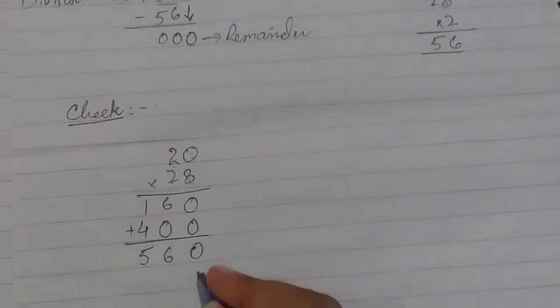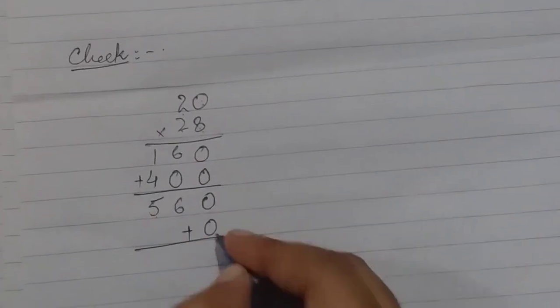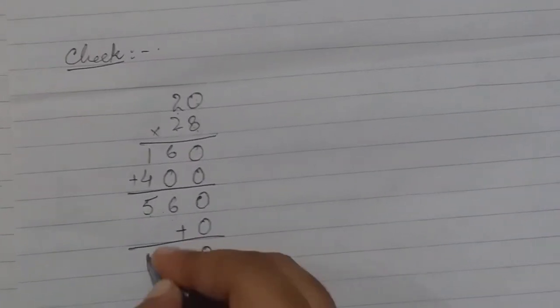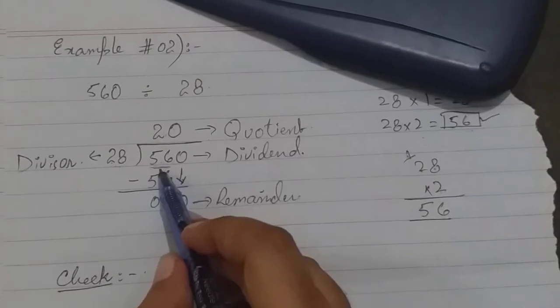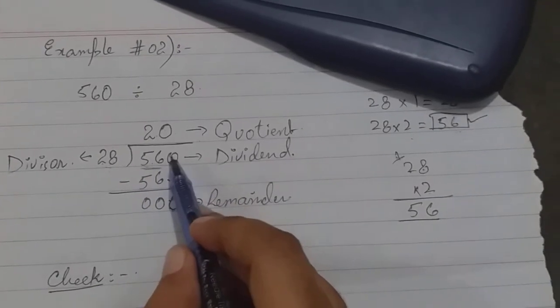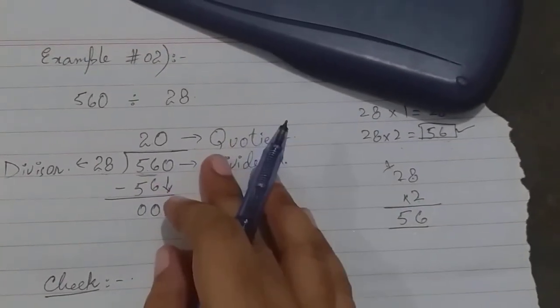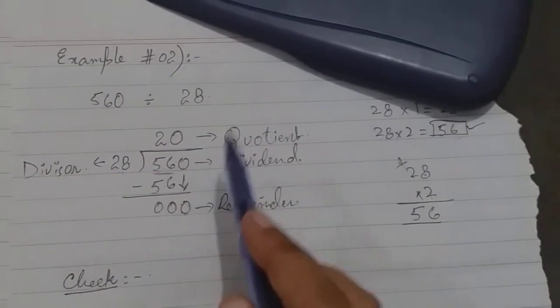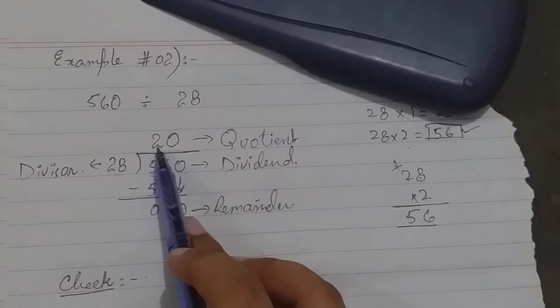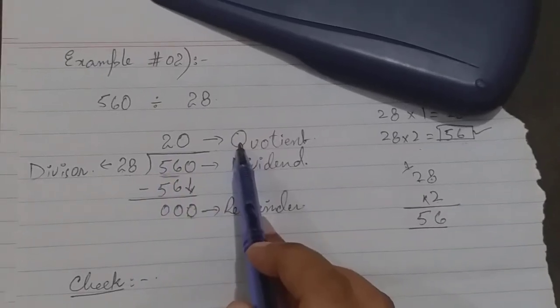Remainder is 0, so if you add the remainder, we get 560. So here you can see the obtained answer is 560, and here we also have the dividend 560. It means we have completed our division process correctly, and we got our answer 20 as the quotient.